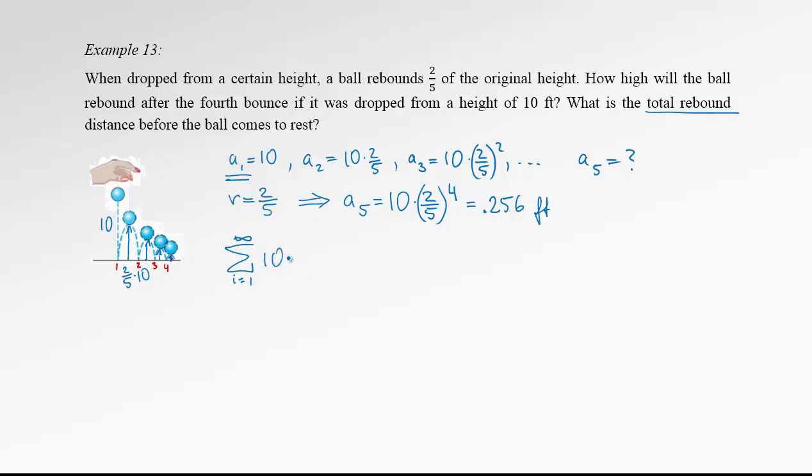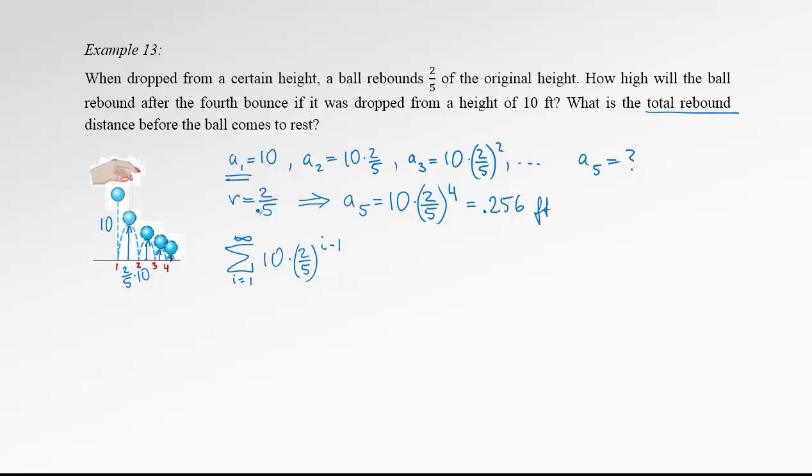That will be 10 times the common ratio 2/5 to the exponent, and what should this exponent be? Well, the second term has exponent 1, so if i is 2, this exponent should be 1. Therefore, we should write i minus 1 here. If i is 1, the exponent would be 0, and that's why we obtain the first term just 10, because this part will disappear, right?